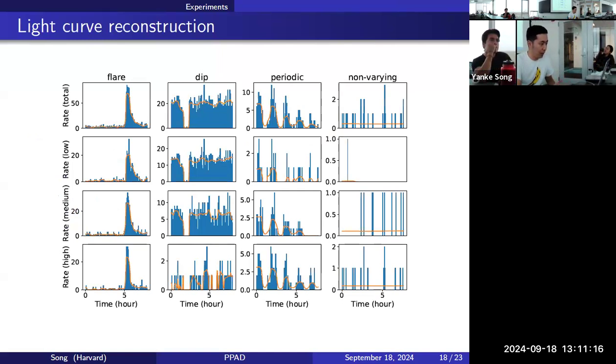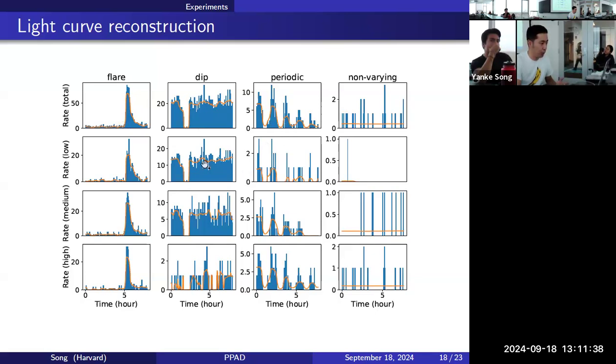So here are the light curve reconstruction results for the 4 event files that I showed earlier. For those very large features, like this flare, this dip, and these periodic sources, it fits them pretty well.